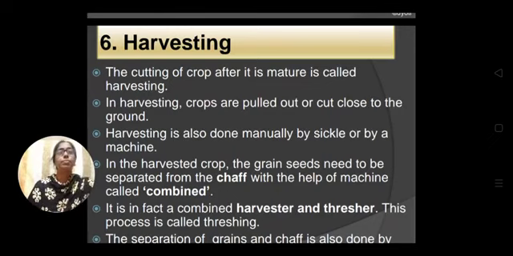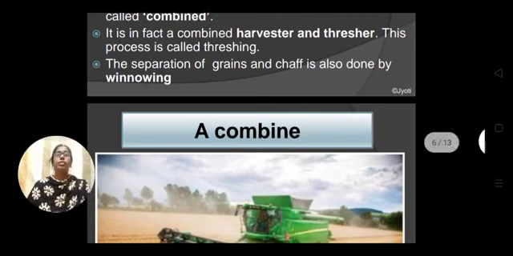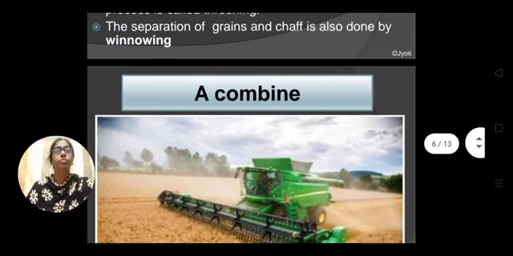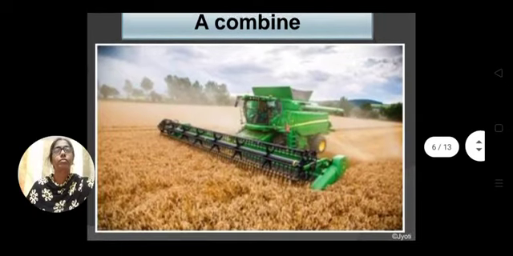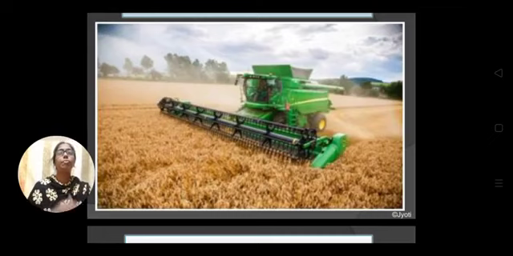So here you can see this is a combine, and with the help of this combine the harvesting is done.